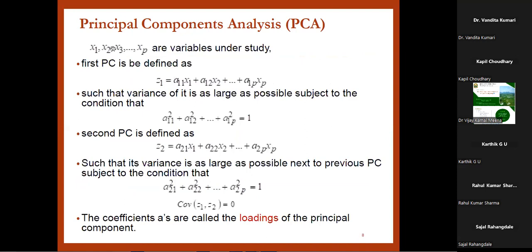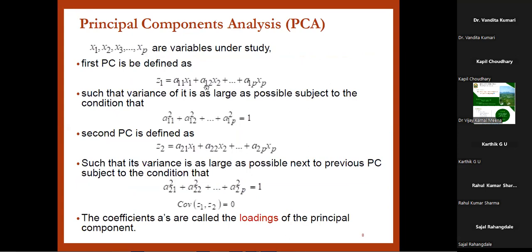So let us assume that we have p variables. The first principal component will be defined as Z1 and it will be developed using the same variables x1, x2, up to xp and the coefficients.